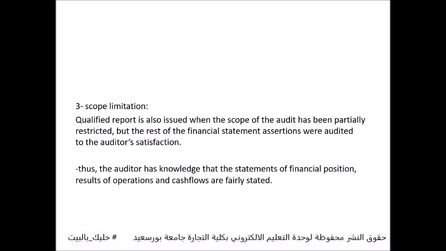A qualified report is also issued when the scope of the audit has been partially restricted, but the rest of the financial statement assertions were audited to the auditor's satisfaction. Thus, the auditor has knowledge that the statements of financial position, results of operations, and cash flows are fairly stated.